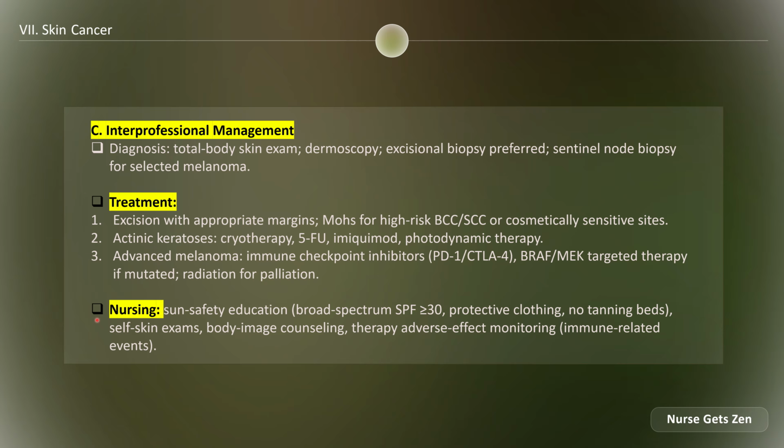It's because skin cancer can provoke fear related to the diagnosis and prognosis, and referral for counseling is very indicated. Now, as a nurse, keep in mind teaching limited sun exposure, because the sun is directly related to the development of skin cancer.